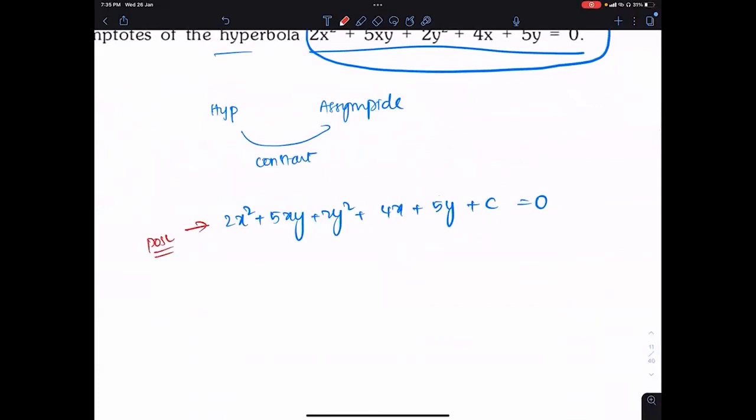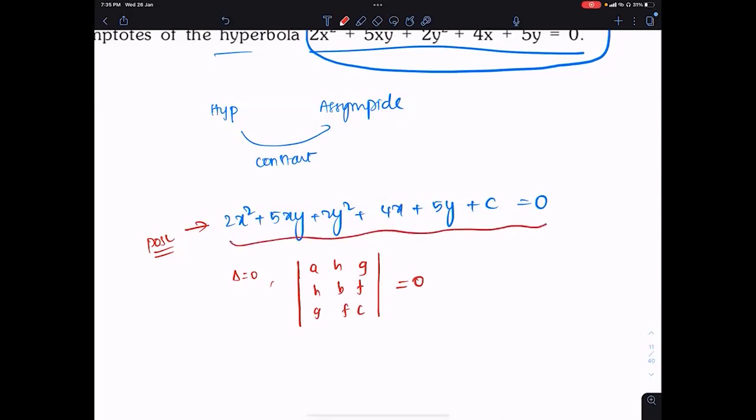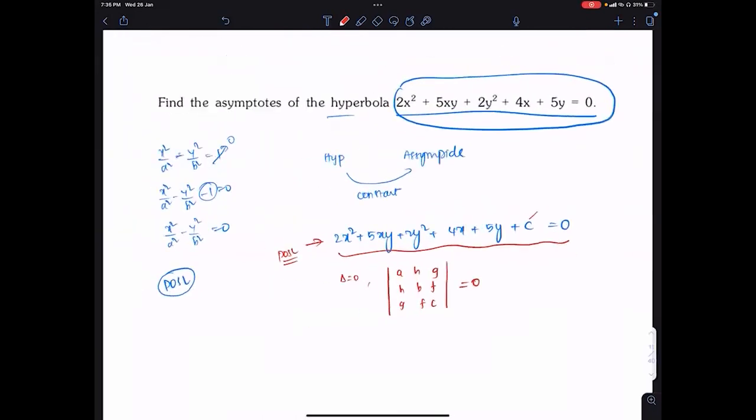And what is the condition for an equation to be a pair of straight lines? Delta must be 0, which is the determinant of [A H G; H B F; G F C]. This you learn in pair of straight lines. If this delta is 0, then the given equation will be a pair of straight lines. Then you will get the value of C. That means you will get the asymptote equations.